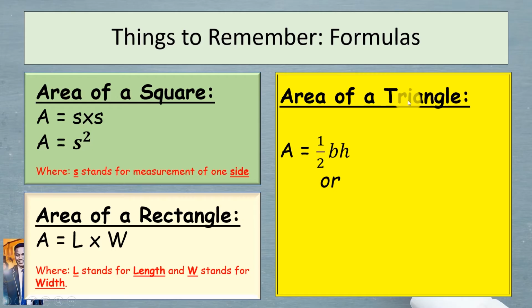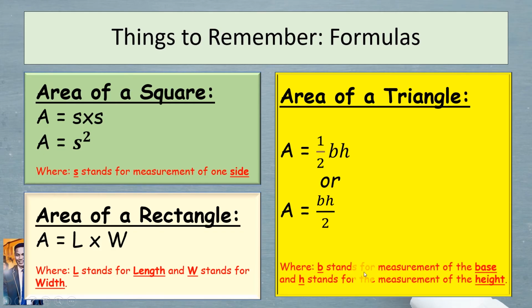Area of a triangle is equal to 1/2 BH or BH over 2. Okay? Alam natin na kapag magkadikit lang na ganyan, halimbawa 1/2 BH, ang ibig sabihin yan, 1/2 times B times H, wherein our B stands for the measurement of the base and H stands for the measurement of the height.